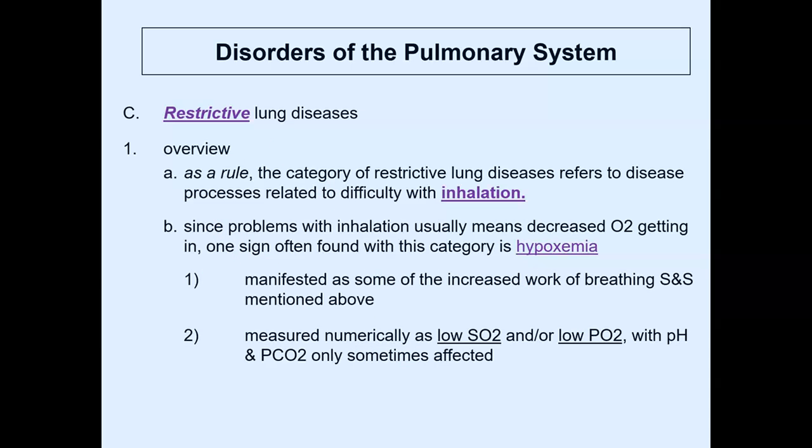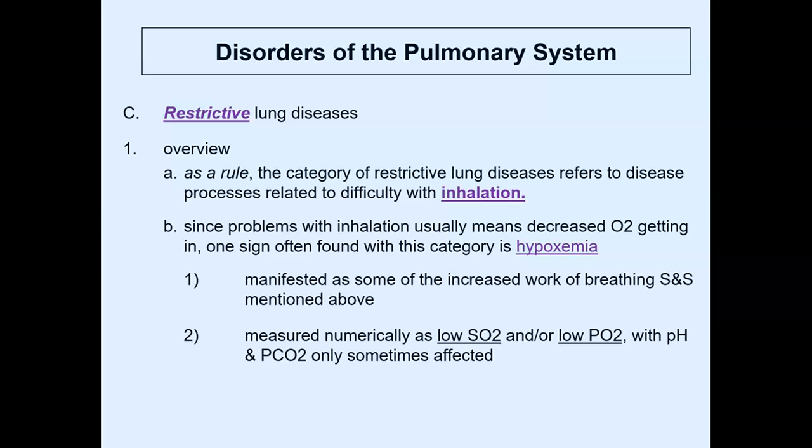Let's talk first about restrictive lung diseases. The rule that we have is that restrictive lung diseases refers to disease processes that will cause difficulty with inhalation. When you think of inhalation, that is the bringing in of air, and very specifically the bringing in of oxygen.